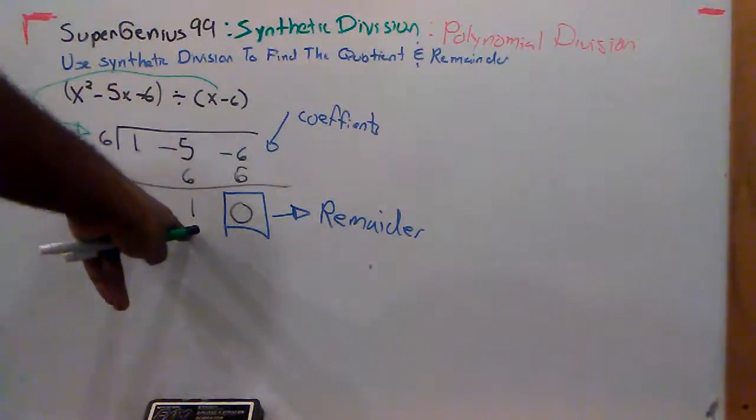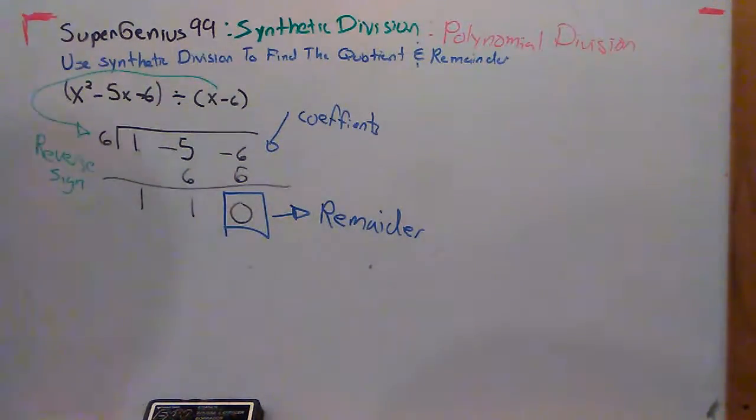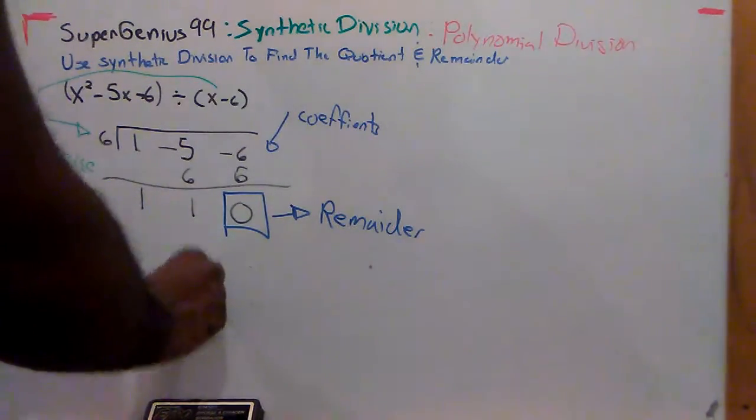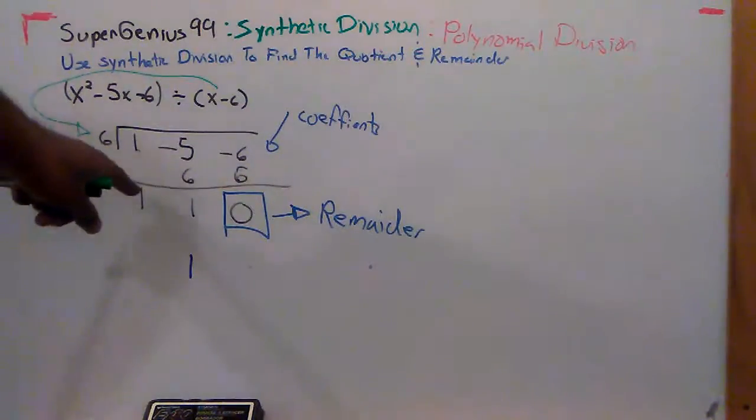So these two become your answer, and it goes in sequential order as far as the powers of x. So this is x to the 0 power, and x to the first power. And this is the coefficient.